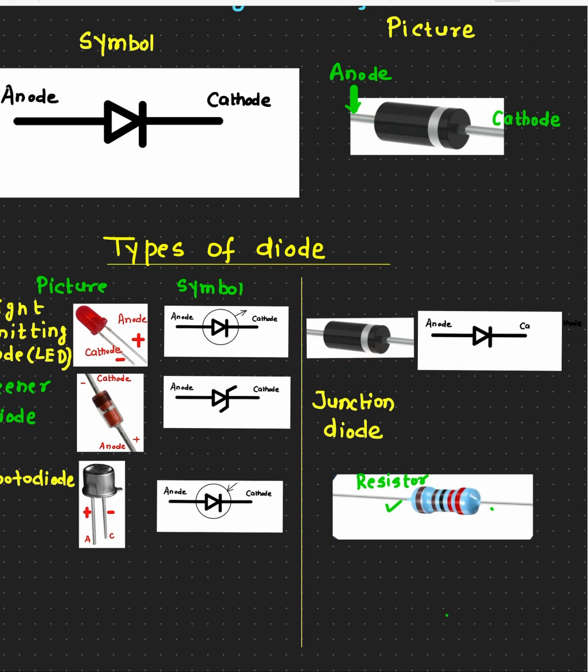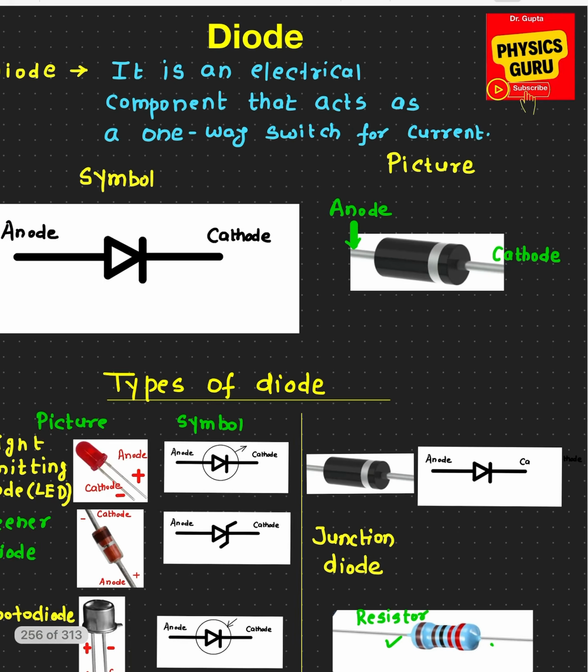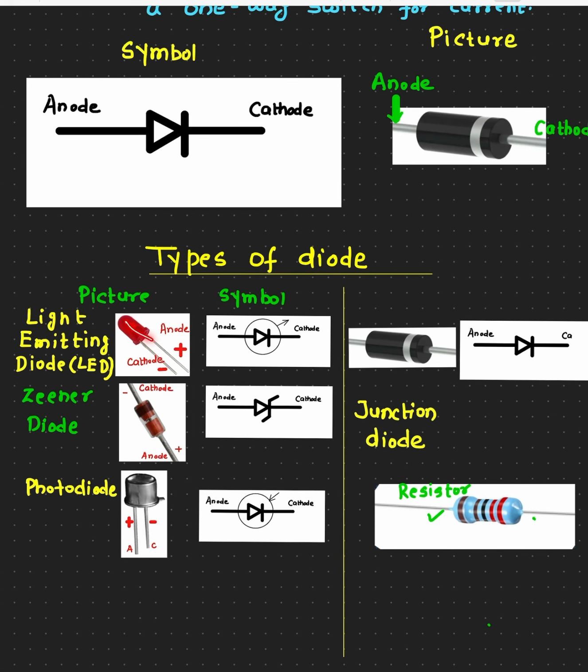So let me talk a little bit about the forward bias and the reverse bias. What does it mean? Let's say we have a junction diode. Let me go a little back here. Just a quick thing here. When we have the light emitting diode, you see these two terminals have different lengths.